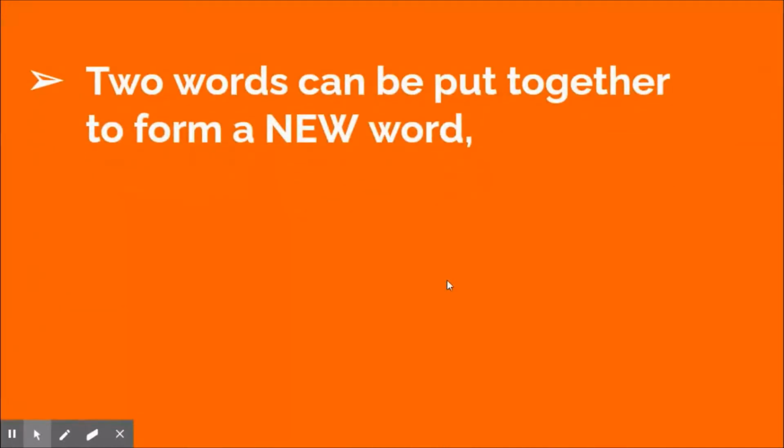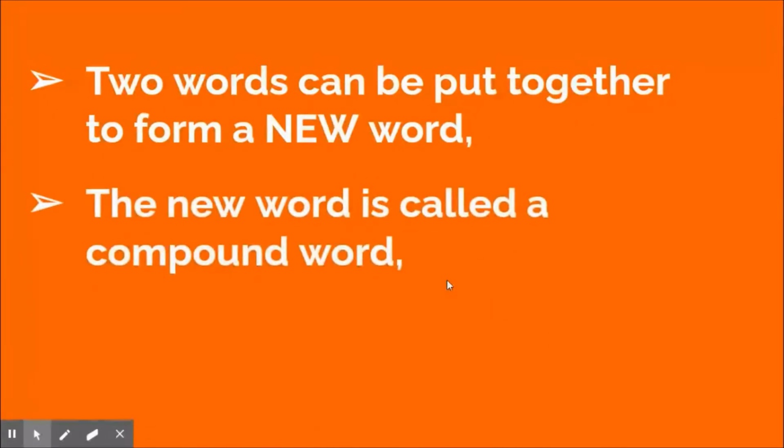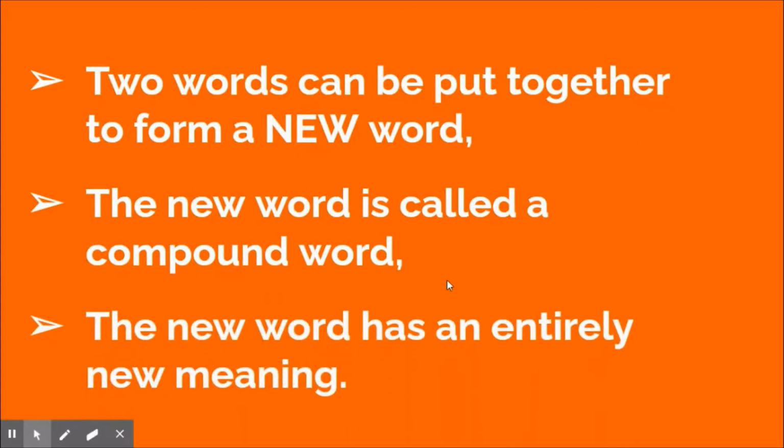Okay, so compound words are two words that we can put together to form a new word. Also, the new word is called a compound word. And the new word has an entirely new meaning. Okay, so it doesn't mean the same anymore. It has an entirely new meaning.